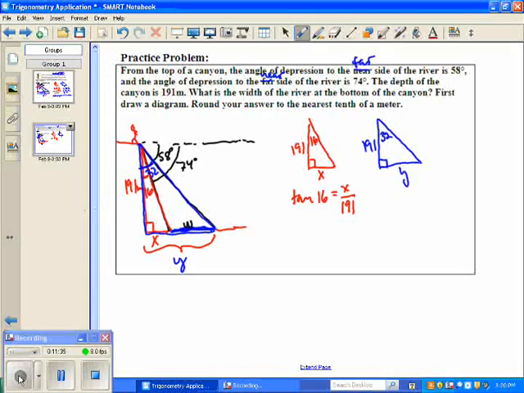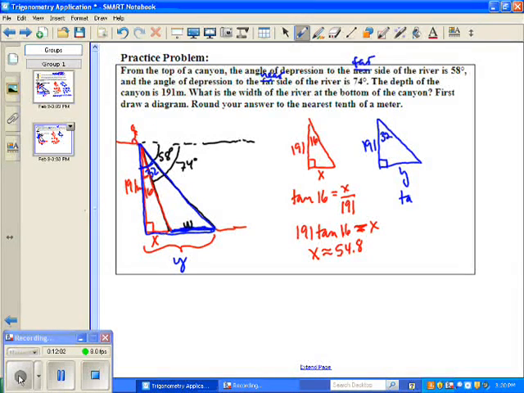Cross multiply it. 191 tangent 16 is x. So x, as we plug it into the calculator, gives us 54.8.